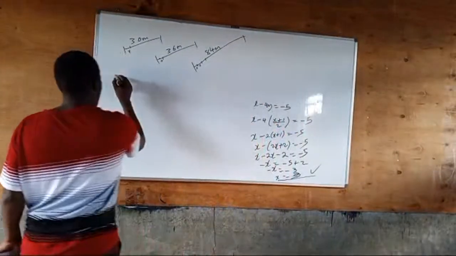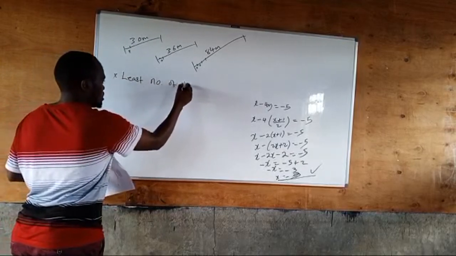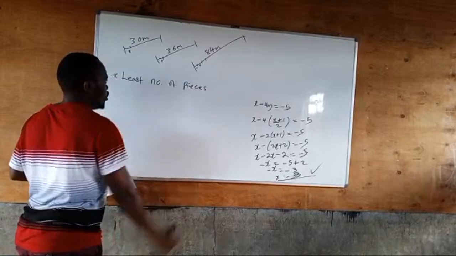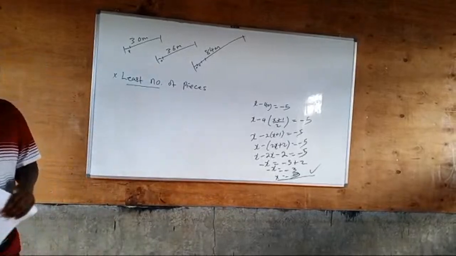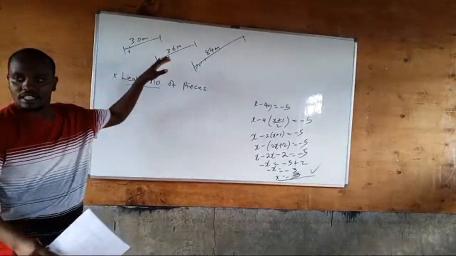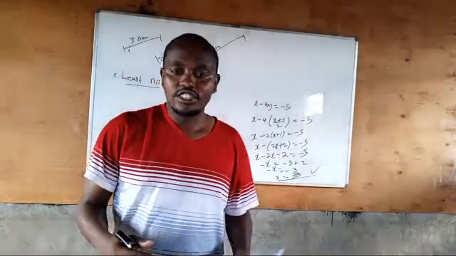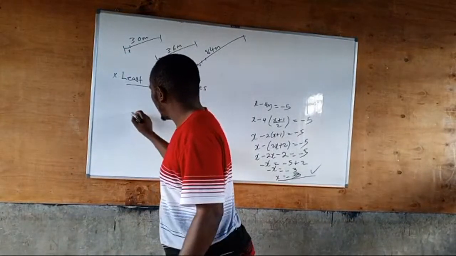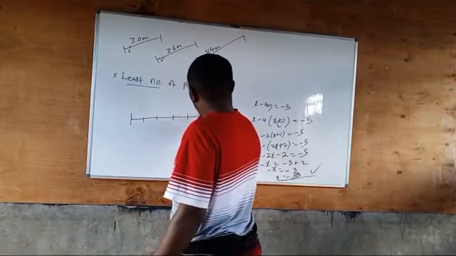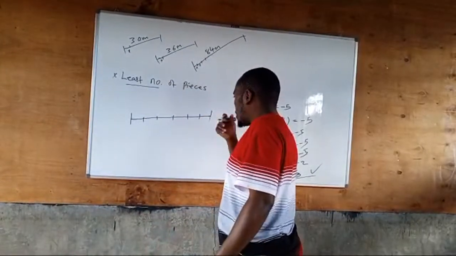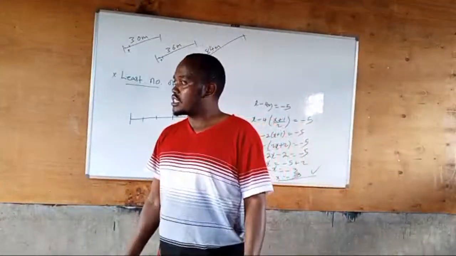So, the trick here is least number of pieces obtained. So to obtain the least number, you need to divide by the smallest number, the greatest size. For example, I want to divide among X children, among students.